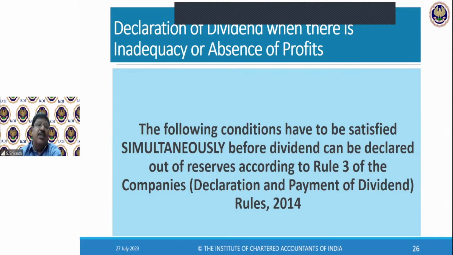The following conditions have to be satisfied simultaneously. Simultaneously means at the same time. Before dividend can be declared out of reserves, this is Rule 3 of the Companies (Declaration of Dividend) Rules, 2014. So these 3 conditions are given in Rule 3. All the 3 conditions are to be simultaneously satisfied, or you should satisfy all of them. Only then you will be able to declare dividend out of reserves.